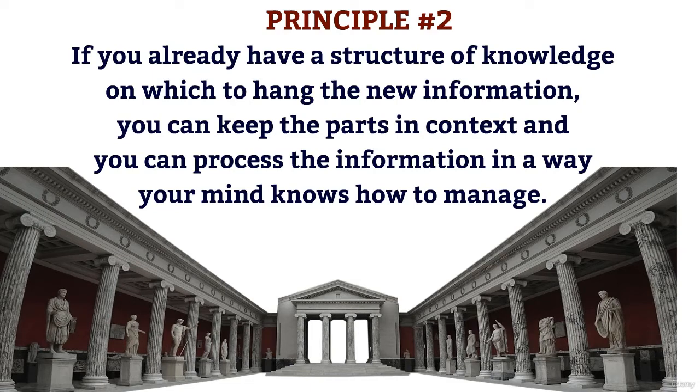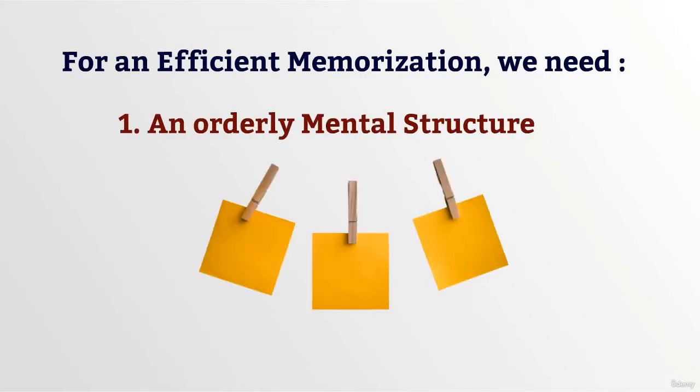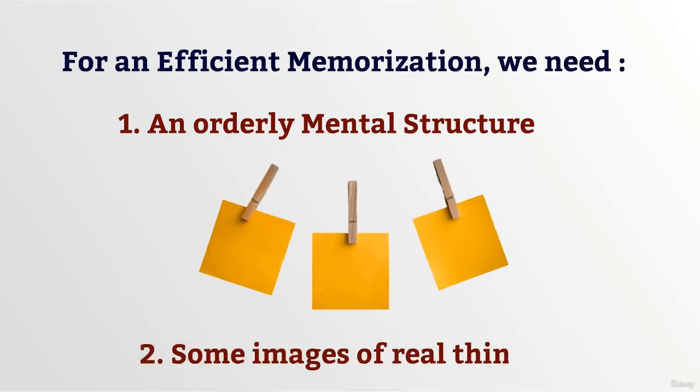Known as the memory palace technique, this method transforms known routes from our daily life into orderly structures, along which we can place our mental images, and thus we make them unforgettable. Therefore, for an efficient memorization, we need two things. 1, an orderly mental structure, and 2, some images of real things.